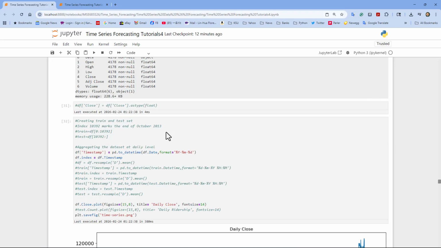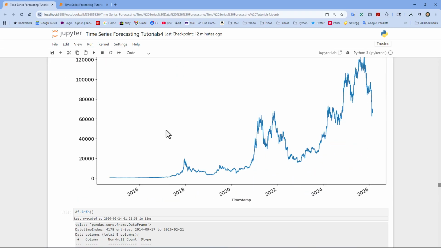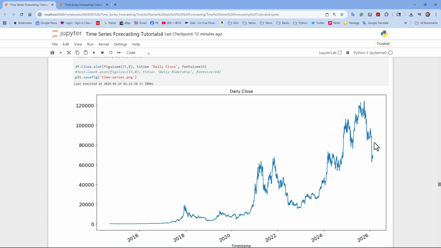So here we're plotting the whole thing since 2014, all the way to February of 2026. And over here, it reaches about 120,000 at the top. And finally, for the past few weeks, it drops significantly.